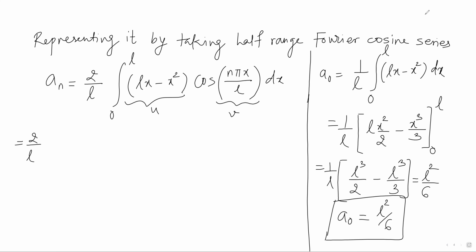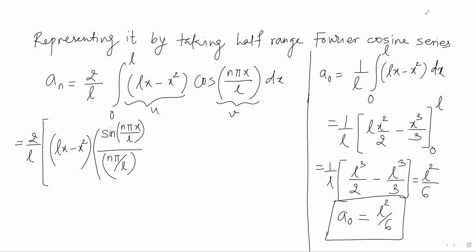So it is 2 by L. I'll put it as uv1. So it is Lx minus x square into integral of cos, which is sine of n pi x by L upon n pi by L, correct? Minus, now take the derivative of this, so it will be L minus 2x. Take the integral of sine, which is minus of cos n pi x by L upon n square pi square by L square, correct?